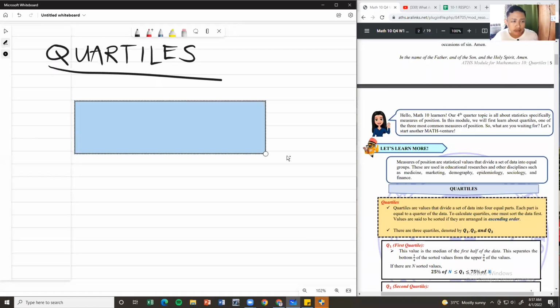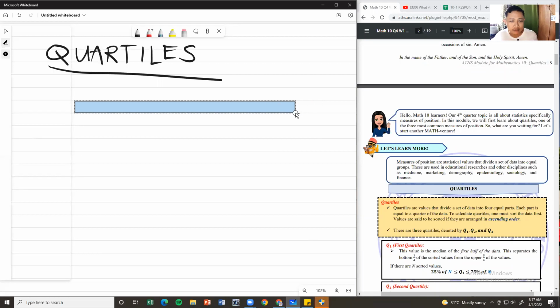So, assuming there is a set of data, these are the set of data, and then when we cut this into 4, these should be equal. Sorry for the lines.